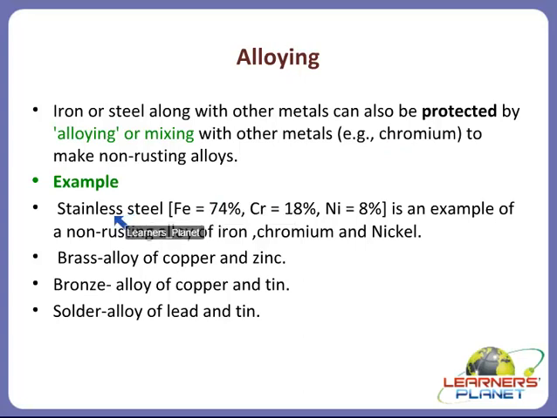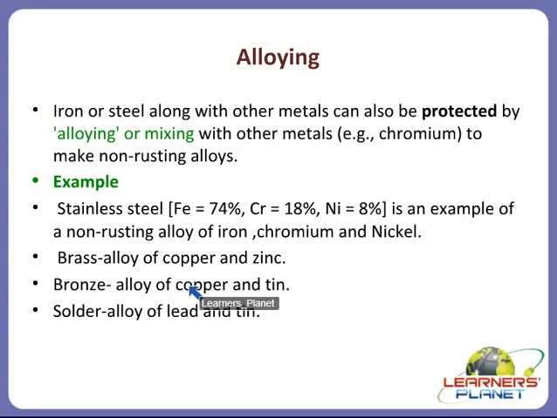Stainless steel is an alloy of iron, chromium and nickel. What is the percentage? Iron is, children, 74%, chromium 18%, nickel 8%. Now it is an example of a non-rusting alloy of iron. Likewise brass. Brass is an alloy of copper and zinc. That green layer formation doesn't happen in brass.